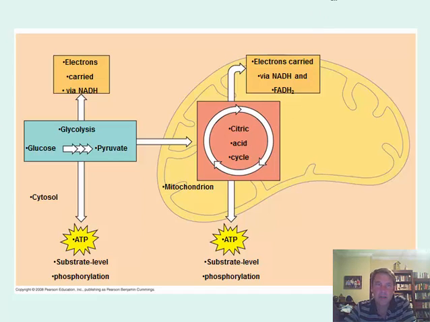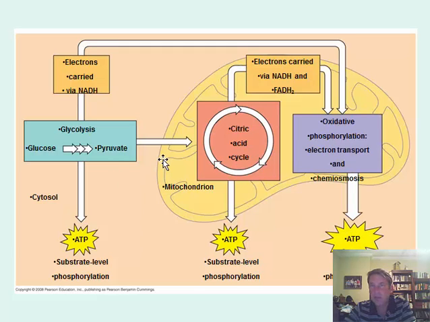Then our third and last step of cell respiration is oxidative phosphorylation, also the electron transport. All the electrons that are picked up from here and from here come over here and form a gradient, and that gradient produces a lot of phosphorylation on the membrane of the mitochondria. So this produces a lot of ATP.